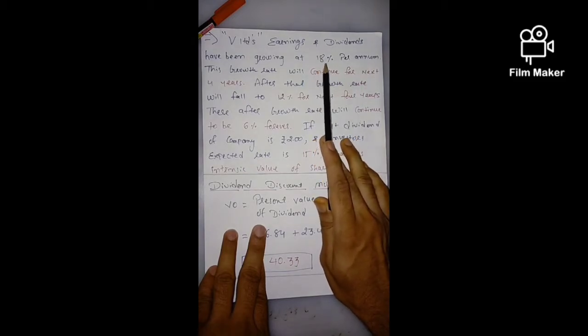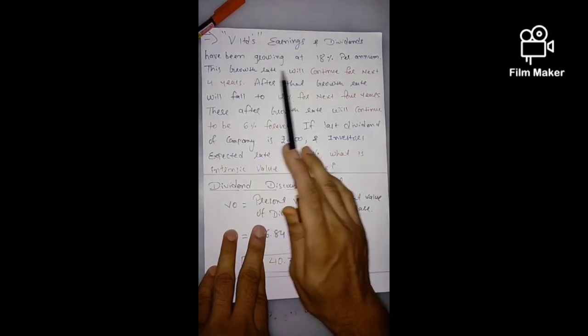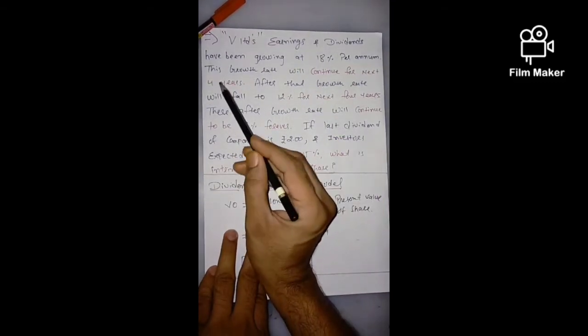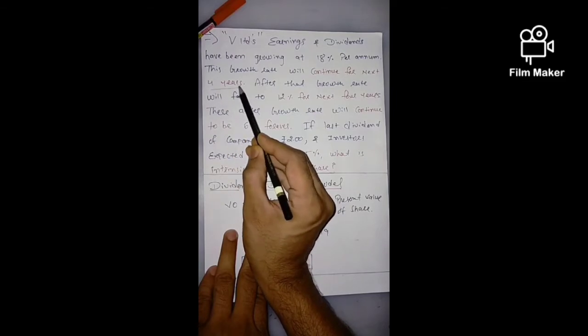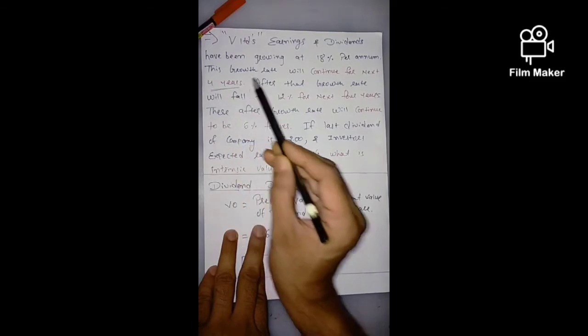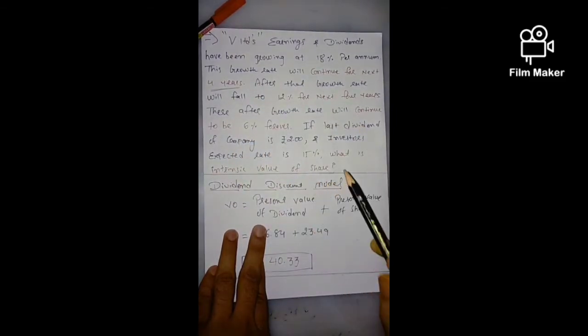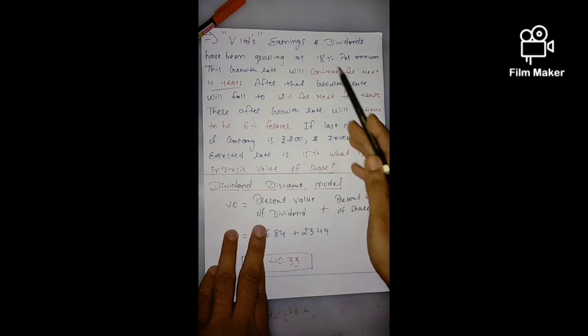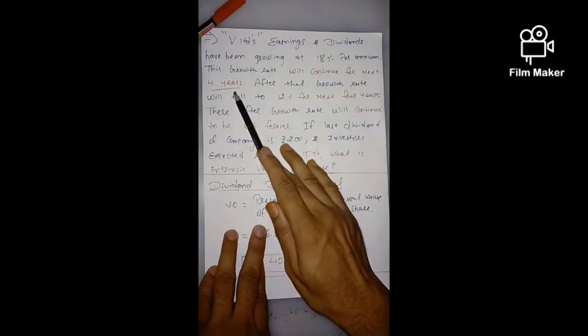But this 18% rate is for the next 4 years only. So this 18% rate is applicable for the first 4 years. That means whatever profit the company earns, whatever dividend and earnings it has, will grow at the 18% rate for the first 4 years.